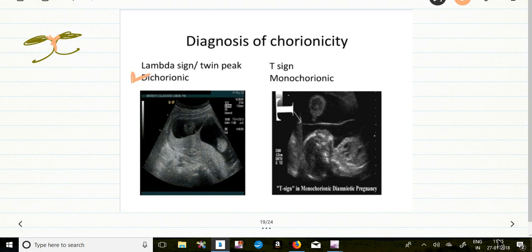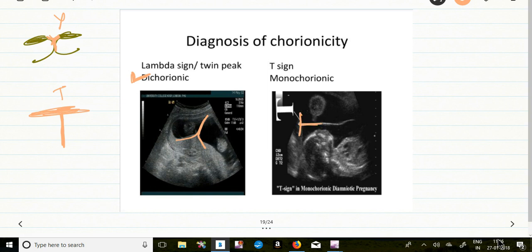Now if it is dichorionic, it is always going to be diamniotic. While T sign, when you have a single placenta and only the amniotic membrane in between, you have this sign which is called the T sign. This is T sign and this is the lambda sign. As you can see here, that's your lambda sign. This indicates dichorionic twin pregnancy, and that's your T sign.